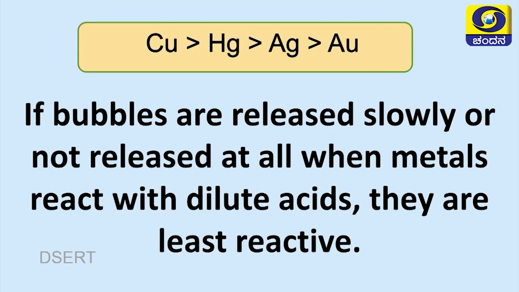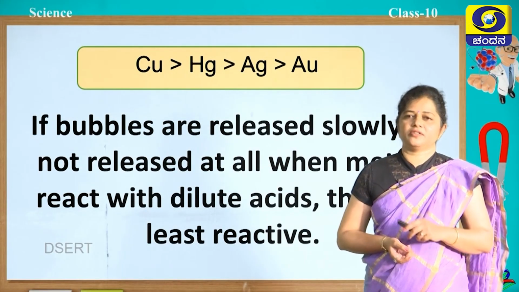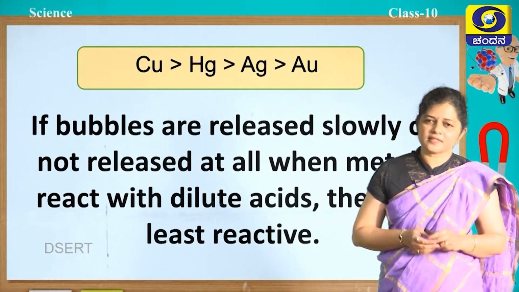And if the bubbles are released very slowly, or not at all, when the metals react with dilute acids, they are the least reactive metals. Now, you can see the least reactive metals: copper, mercury, silver and gold. Among these four, copper is more reactive, mercury is less reactive, silver is even less reactive than mercury, and gold is least reactive.